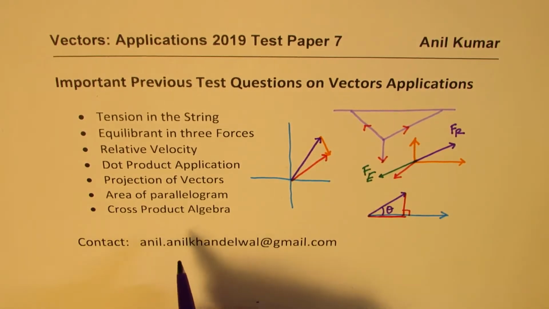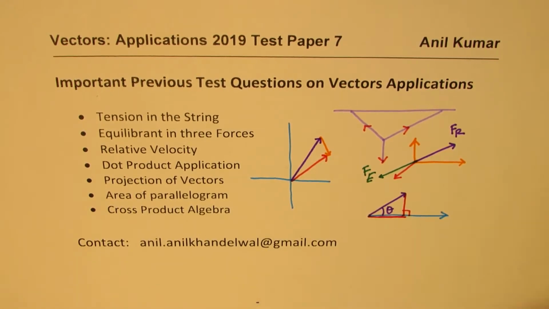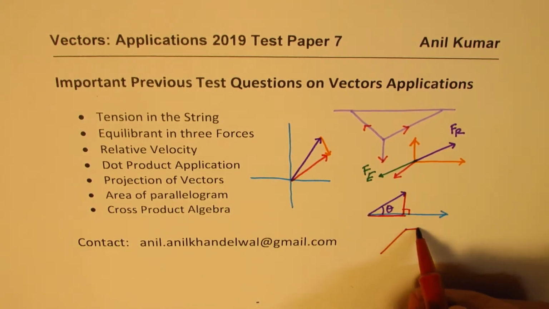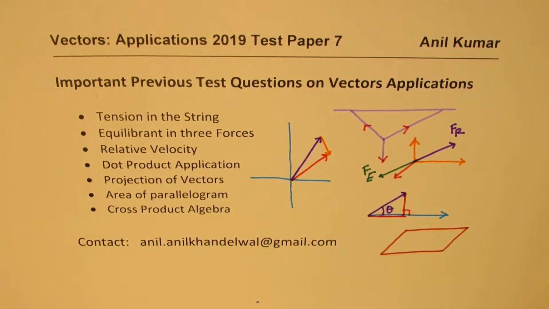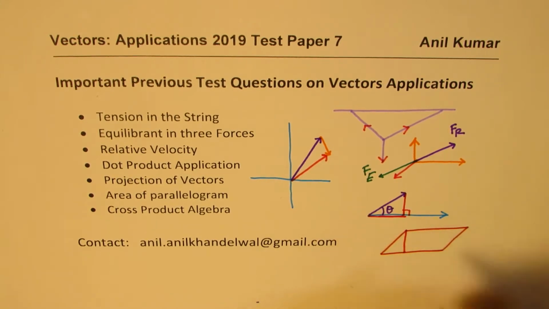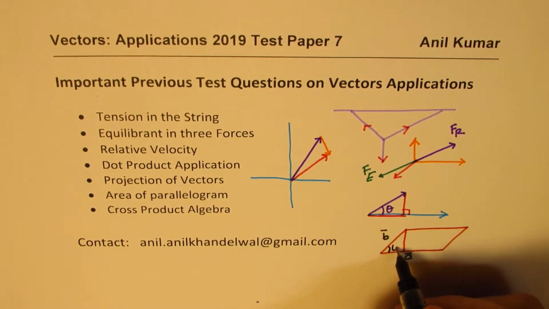Parallelogram and cross product algebra: basically whenever you find a cross product, you actually get the area of a two-dimensional figure, right? So if you have a parallelogram which is kind of like this, for example, in that case, the cross product actually gives you the height also, and that helps you find the area. So if one vector is represented by one side, the other one as this will be at angle theta.